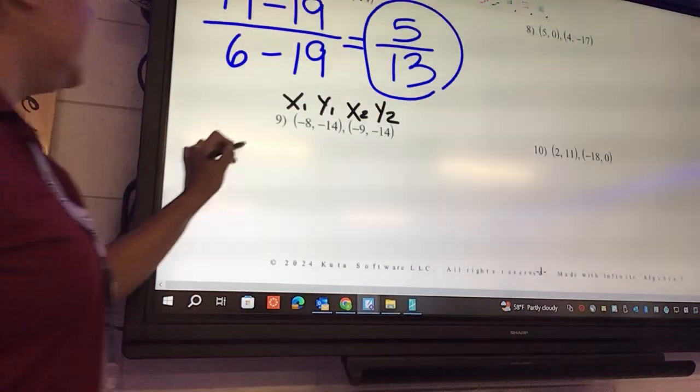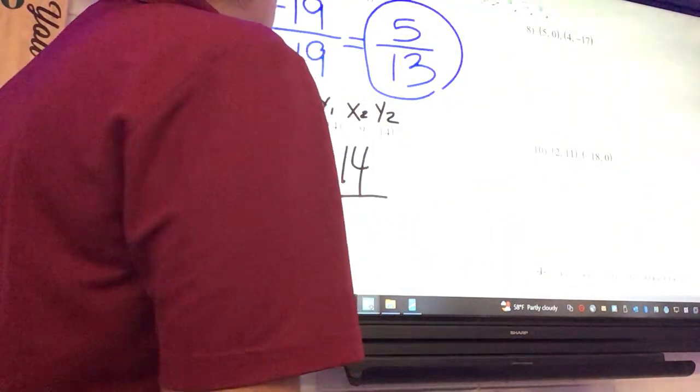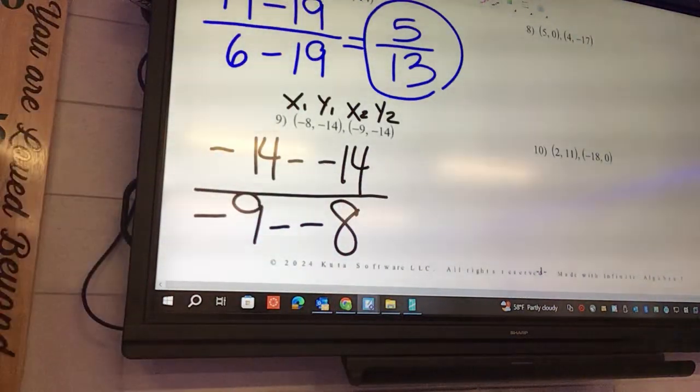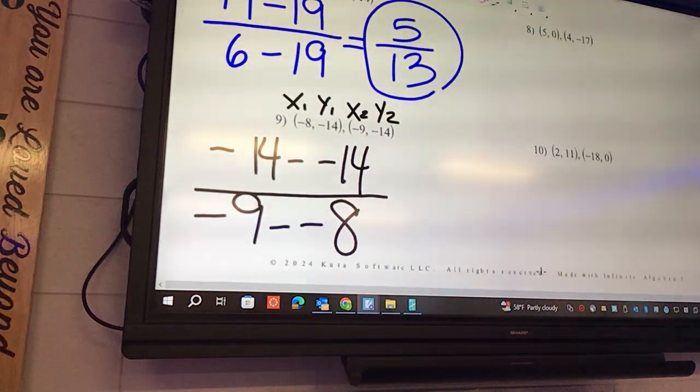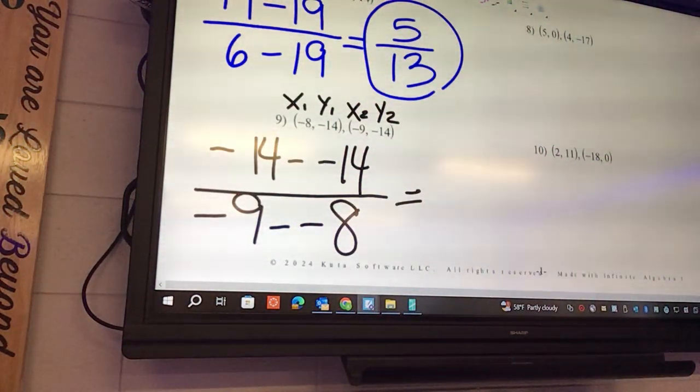It's gonna look like negative 14 minus negative 14 over negative 9 minus negative 8. Somebody agree? 0. Yeah, 0.